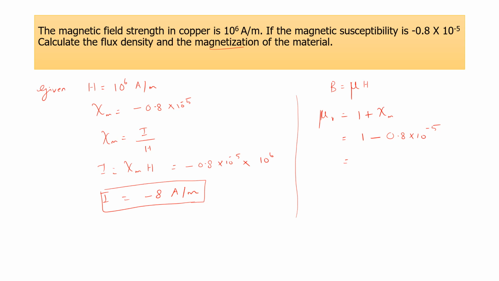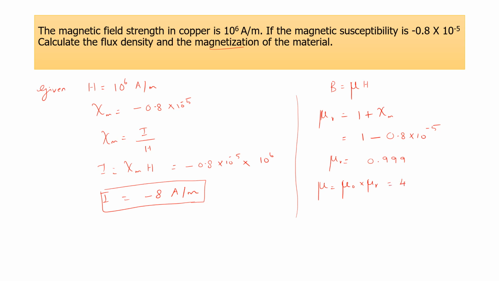So I am using calculator to find this. I am doing it now. So I am getting the value as 0.999. That is my mu r. Now I have to find out mu, correct? So mu is equal to mu naught into mu r.